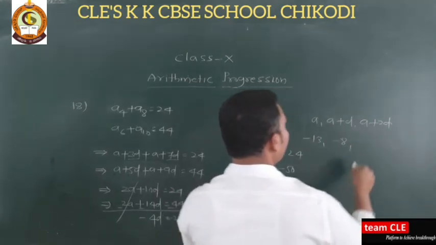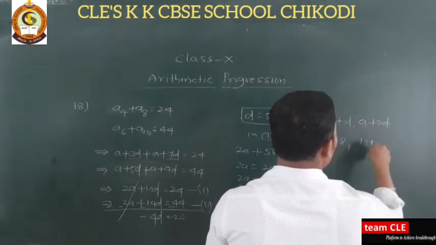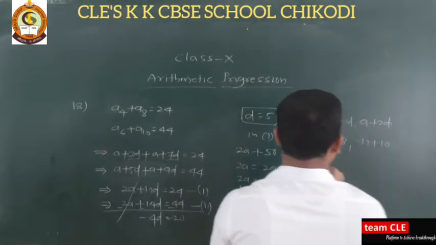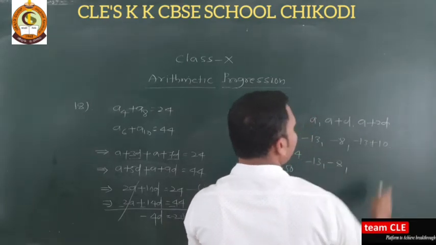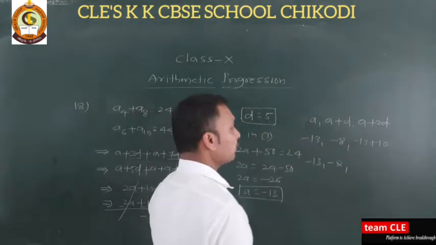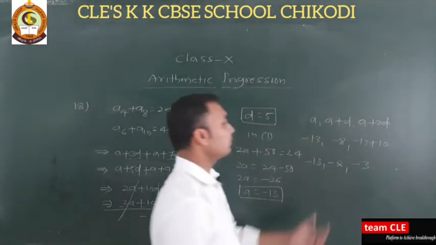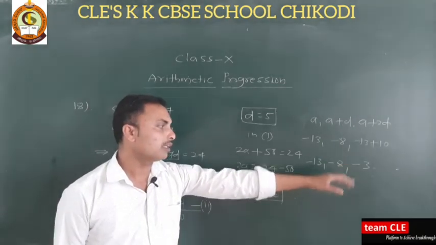Next A we have, it is minus 13 plus 2 into D, it is 10. Okay. So plus 10 will get. Now minus 13, minus 8, and minus 13 plus 10 will get how much? Minus 3. So these are the first 3 terms of this AP: minus 13, minus 8, minus 3.